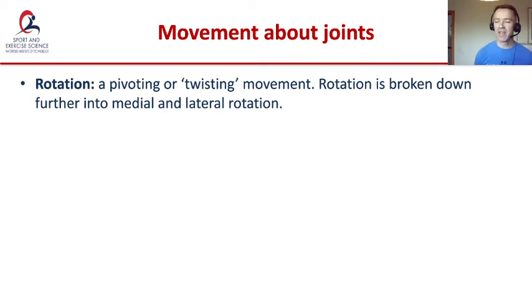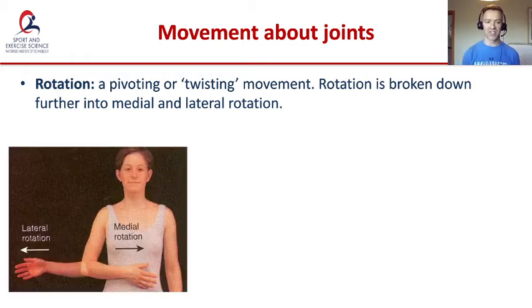Rotation is a pivoting or twisting movement, and rotation can be broken down into medial and lateral rotation. Medial rotation is when something rotates towards the midline of the body, and lateral rotation is when something moves away from the midline of the body.